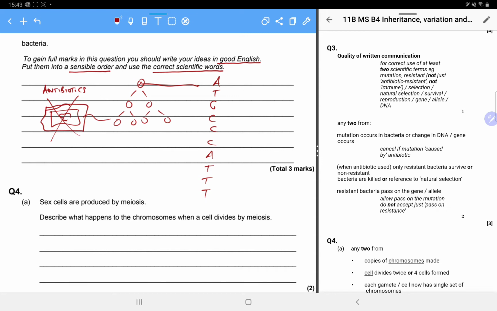And let's say that, for argument's sake, it doesn't happen exactly like this, but this A at the top here mutated into a T. This gives a slightly different set of amino acids, which goes to a slightly different set of proteins, and this may lead to a different phenotype. Remember, that's the characteristic expressed.